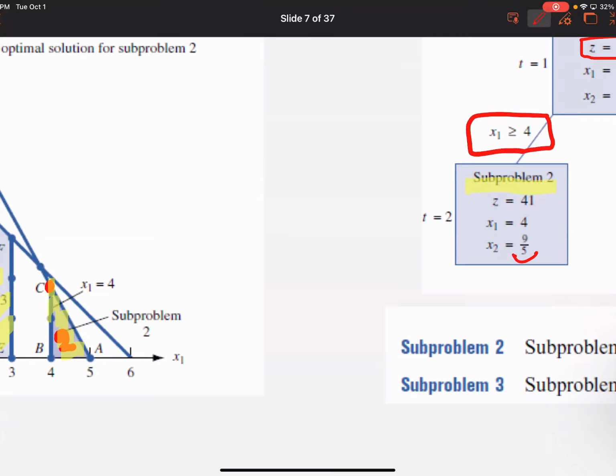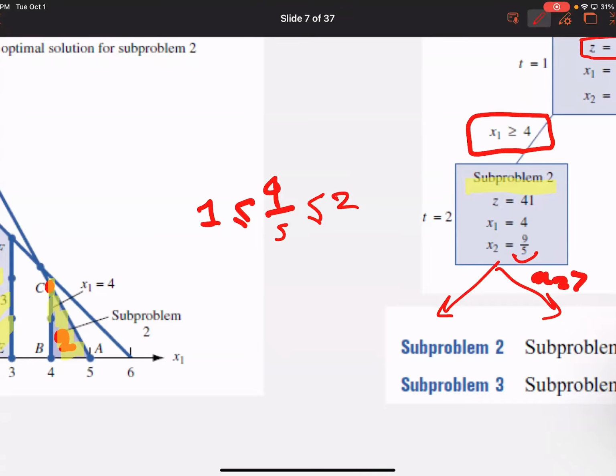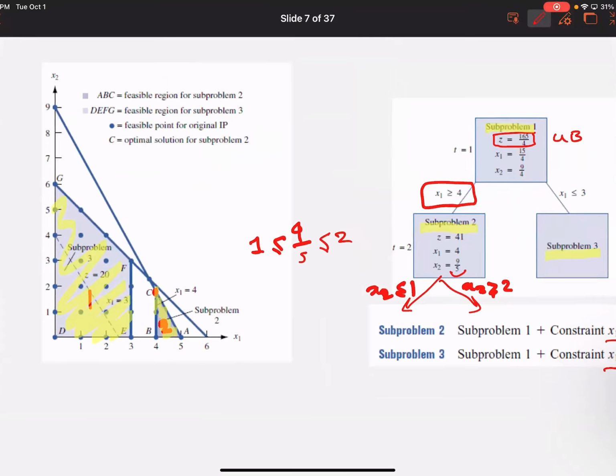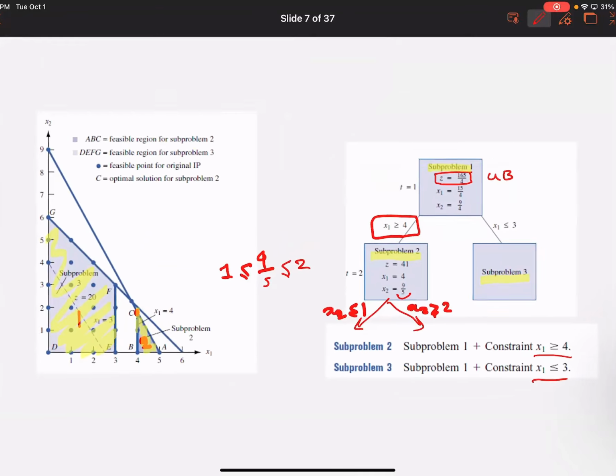I create two new subproblems, trying to get rid of that point. 9/5 is between which two integers? One and two. So one says x2 greater than or equal to 2, the other x2 less than or equal to 1. That way, I'm ensuring that I will not see that point anymore, right?